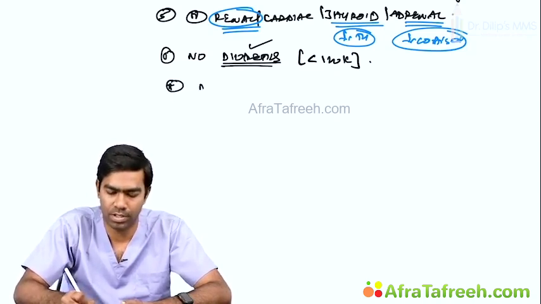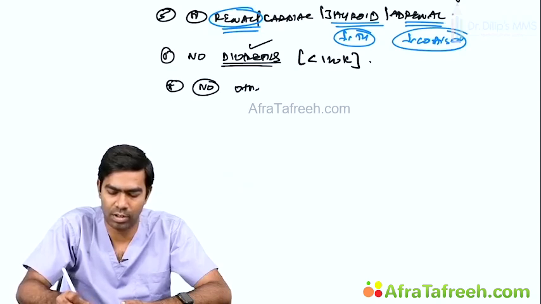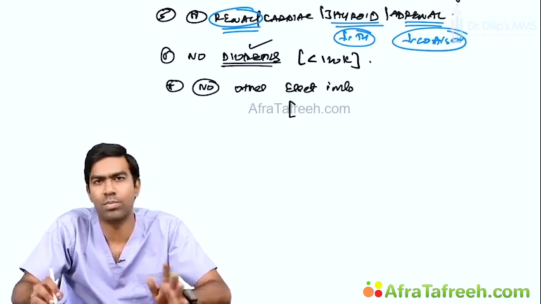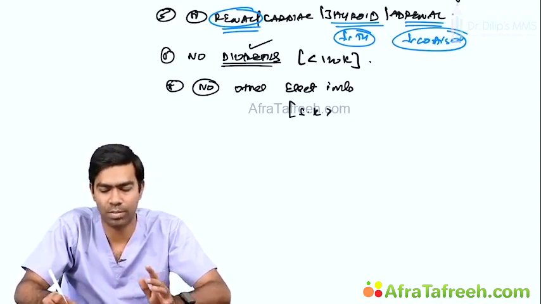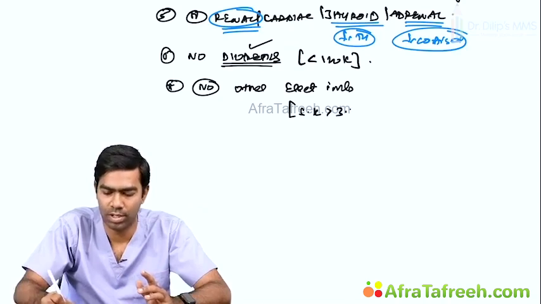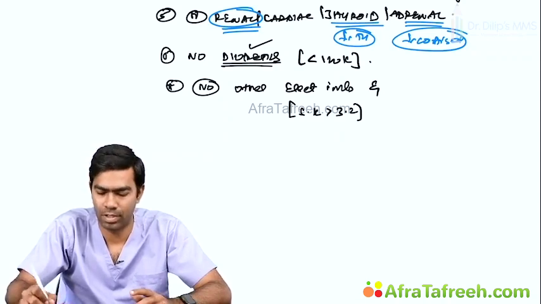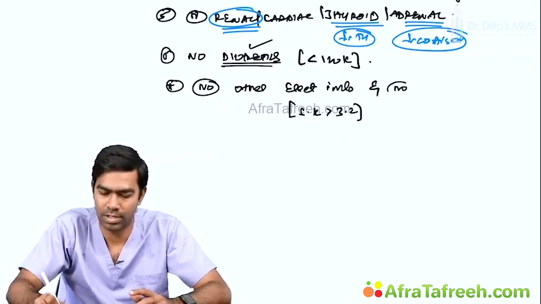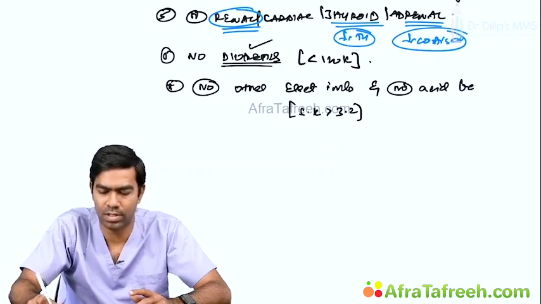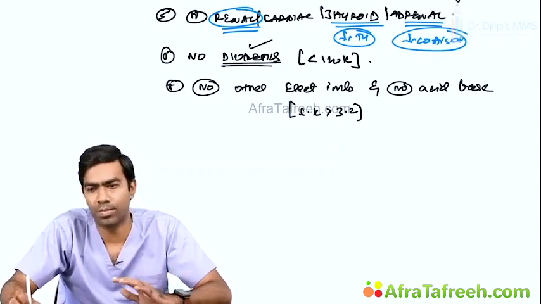Number 7, patient should not have other electrolyte imbalances. Here the most important electrolyte is potassium. There should be no hypokalemia. By definition, potassium should be more than 3.2 at least here. And the patient should have no other acid-base disorders, which means SIADH is a pure water problem.